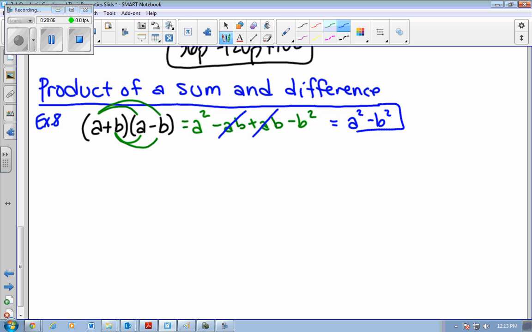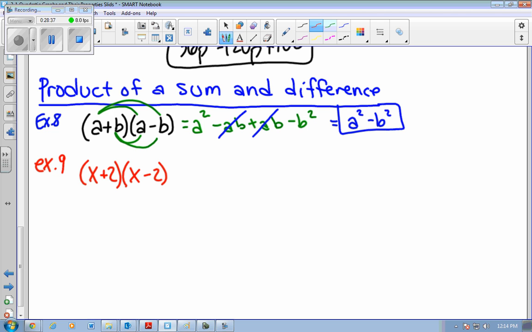This is a really nice one. The middle terms will always cancel out. So it's just the first guy squared, subtract the second guy squared. Told you it's easier. So, example 9, let's put some numbers in. (X plus 2)(X minus 2). The binomials are identical, except one is plus and one is minus.